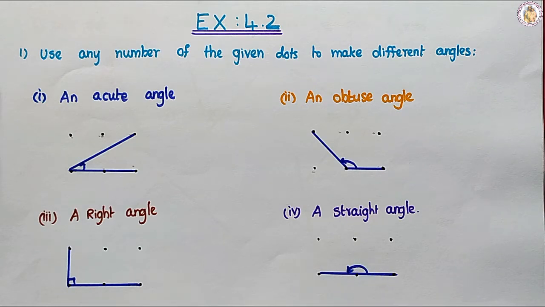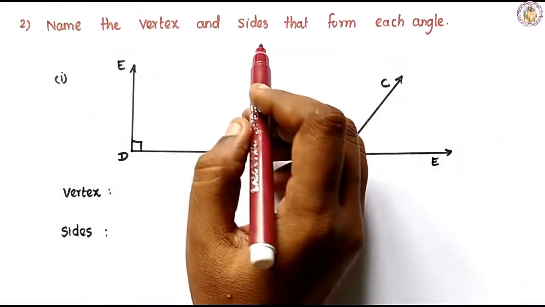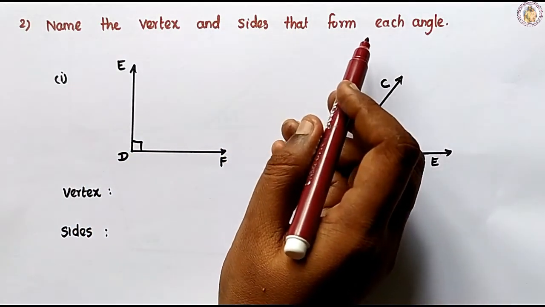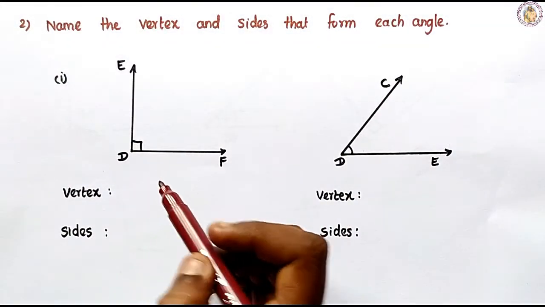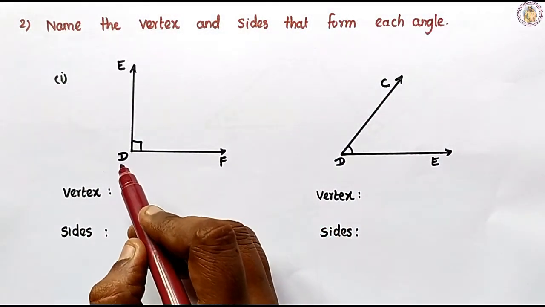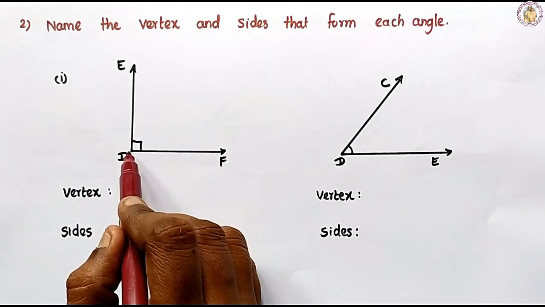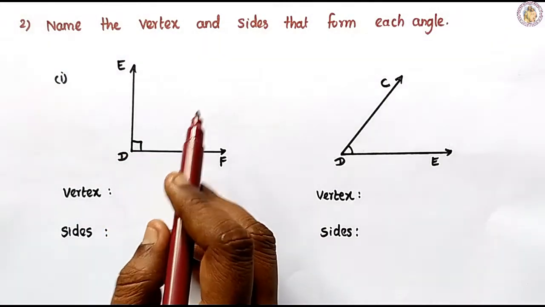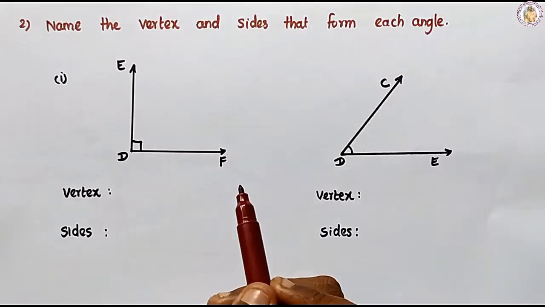Second one, name the vertex and sides that form each angle. Listen, which one is the vertex here? The two rays have a starting point. The starting point is the vertex. And then sides means these are the sides, two sides.